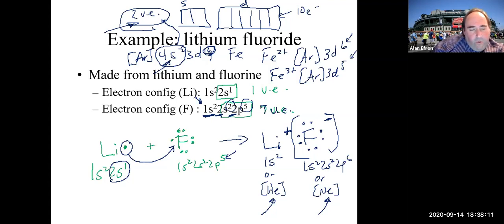And that is the whole point of bonding. Everybody wants to be, as we talked about, isoelectronic with a noble gas, which basically means having the same electron configuration as a noble gas. So the way lithium can do it here is by losing an electron, becoming positively charged, fluorine gaining an electron, becoming negatively charged, and it's that positive negative attraction that holds that together.